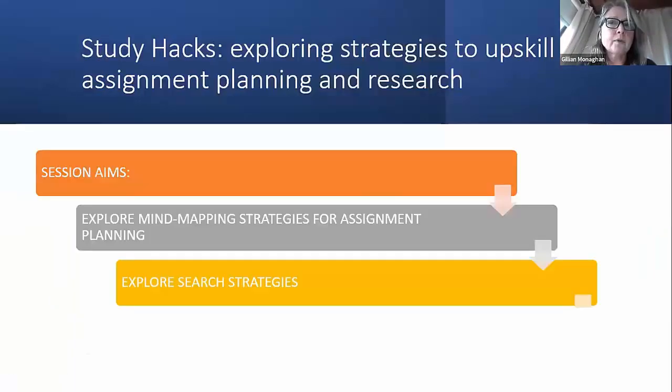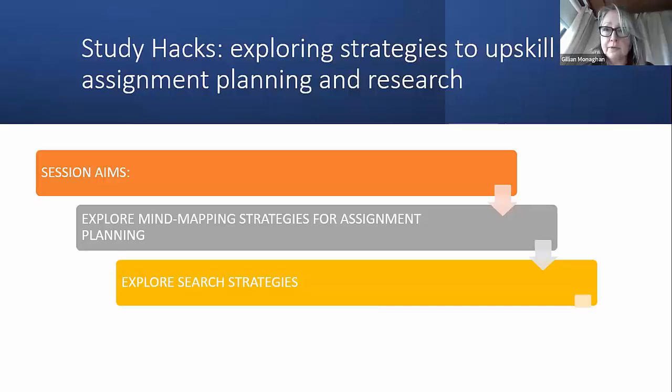So the whole focus of our session today is upskilling your assignment planning and your research skills. So the aim of this session is to explore mind mapping strategies for assignment planning, which hopefully will give you an introduction to more creative ways of thinking around the assignment tasks you have, your essay questions, your report questions, whatever that may be.